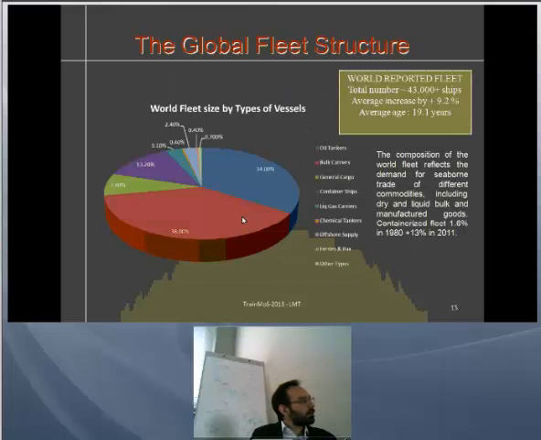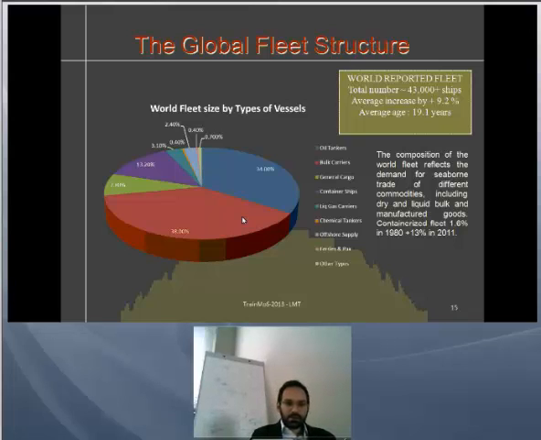So now, after looking in some detail at the way the maritime network works and the way shipping trade works, we will move forward to the global fleet structure.